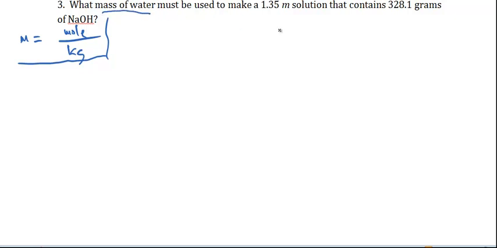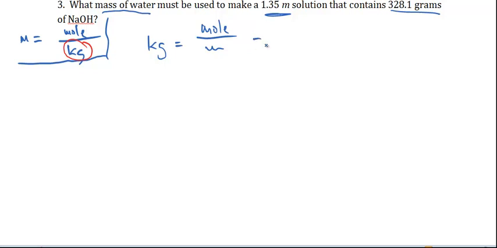That's what we're solving for, to make that molality solution that contains this many grams of solute. The sodium hydroxide is the solute in this case. So we need to isolate the number of kilograms of water, and that's just moles over molality.